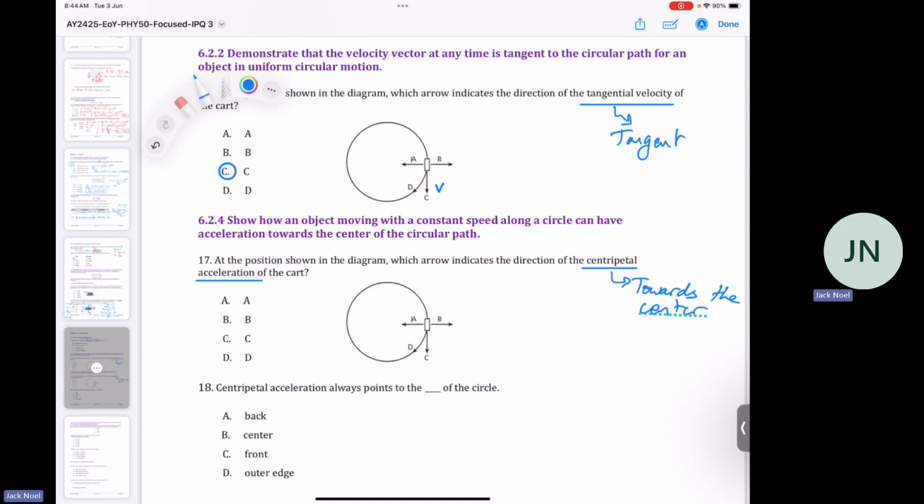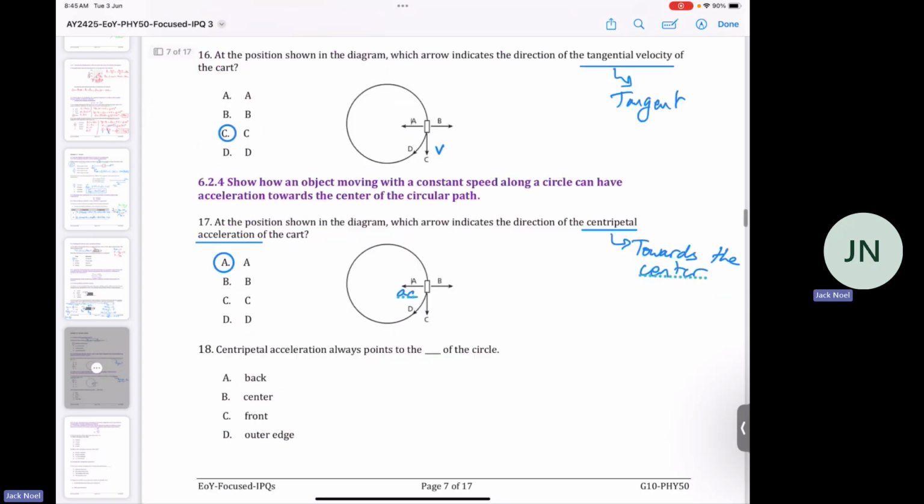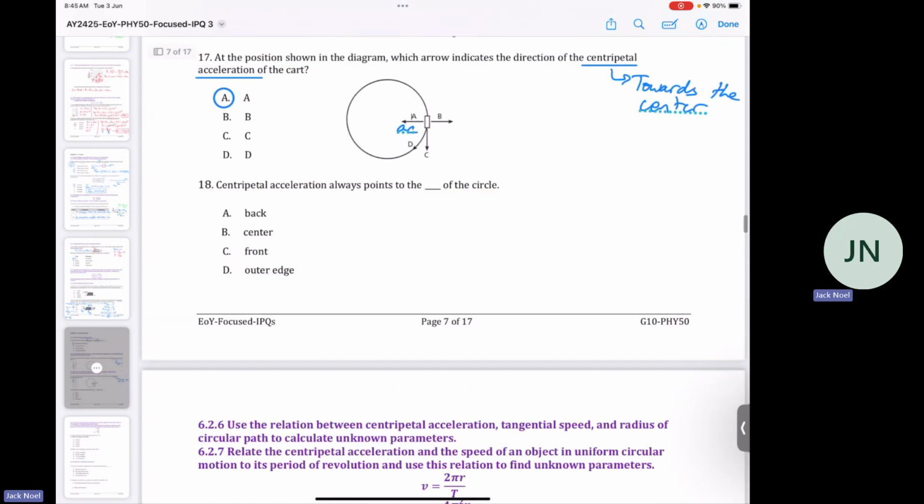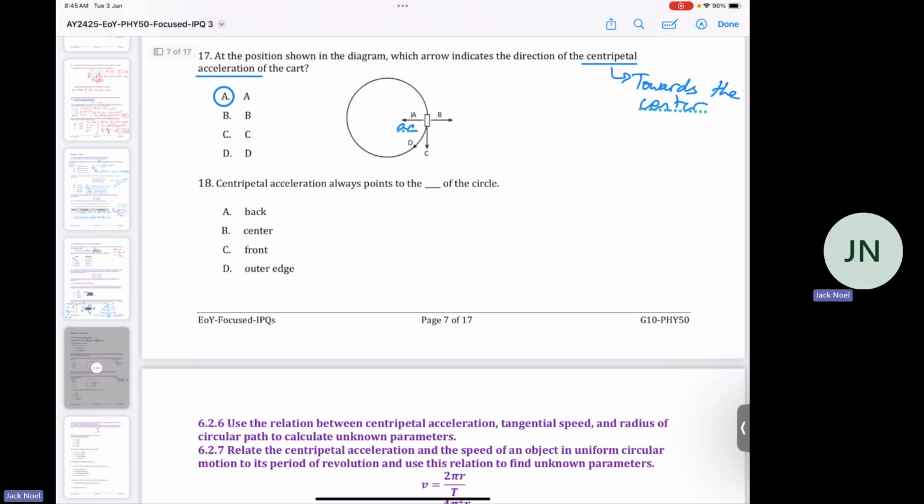Towards the center, the only vector which is pointing towards the center is A. So that's the centripetal acceleration, A. Then, we just mentioned here that centripetal acceleration is directed towards the center. And here they're asking us in number 18 about centripetal acceleration always points to the something of the circle. That something is the center of the circle.